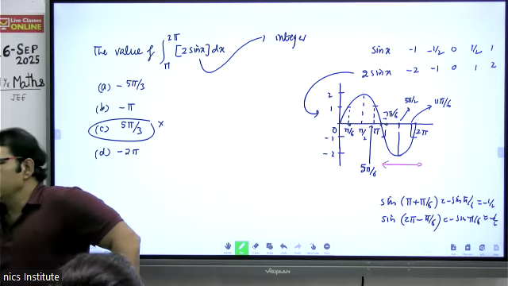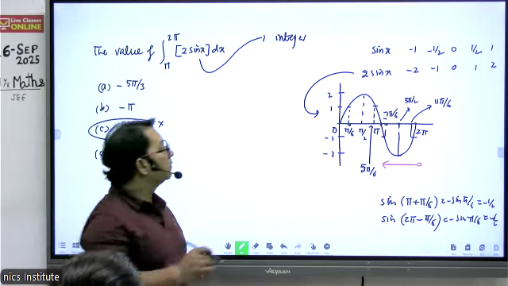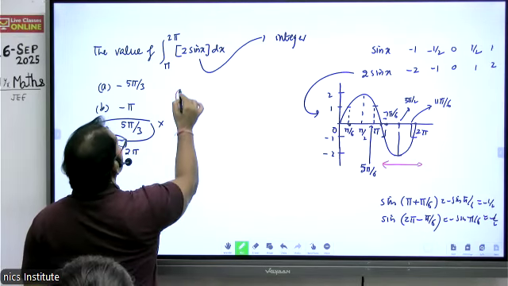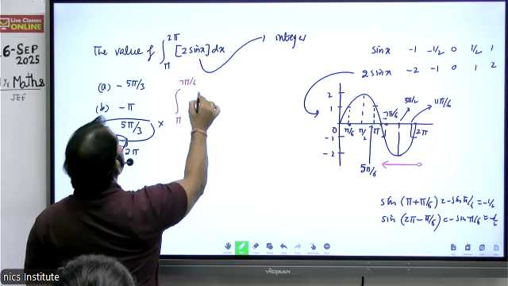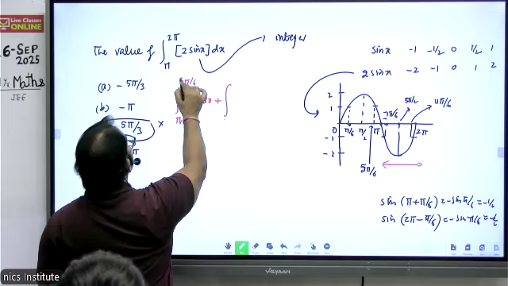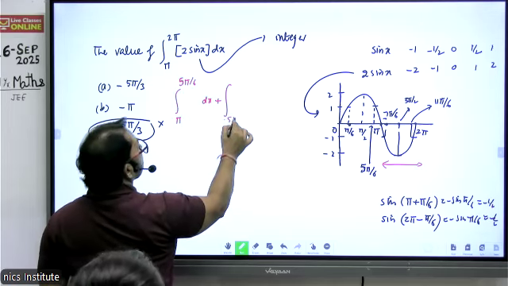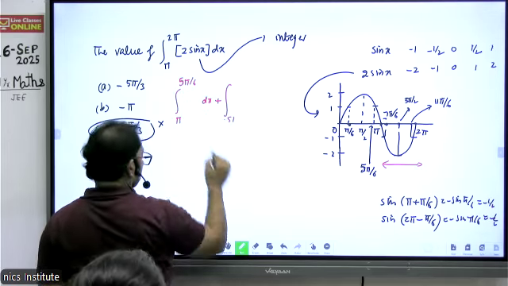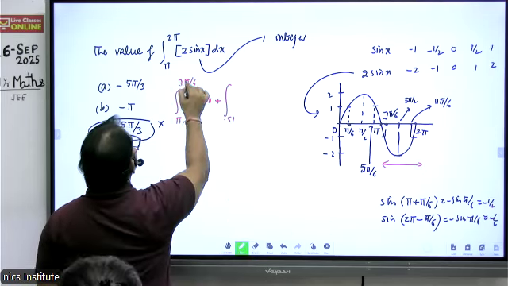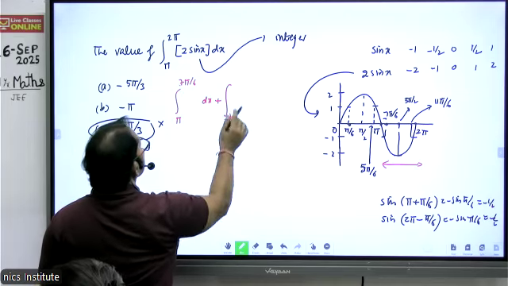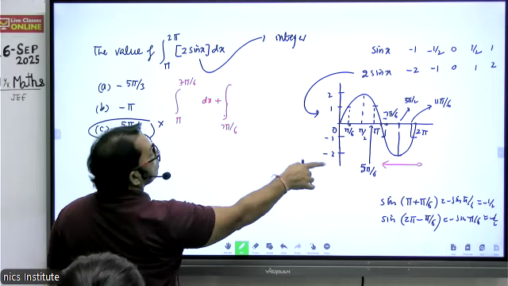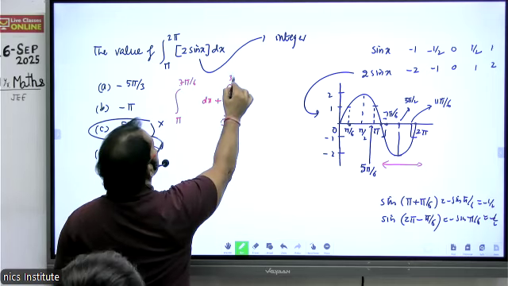तो pi to 7 pi by 6 dx. Then 7 pi by 6 to 3 pi by 2.